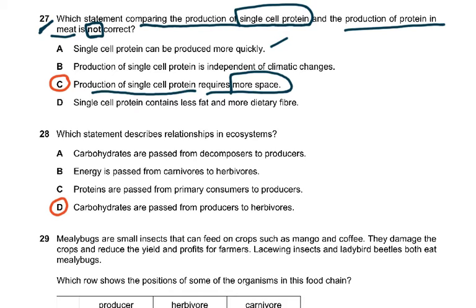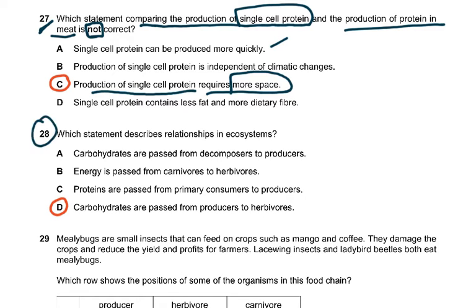So it was wrong to say that single cell protein requires more space. That was technically a wrong statement, and the question says not correct. So you have to say the opposite of it. You have to say to yourself, single cell protein can be produced more quickly. Is that correct? Yes, it is correct. So it was not correct that was the answer which was to be given.